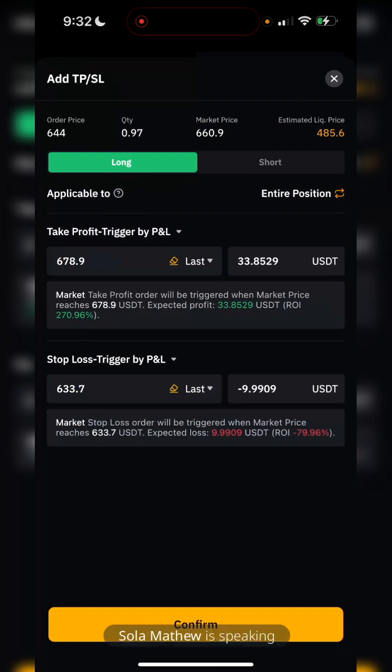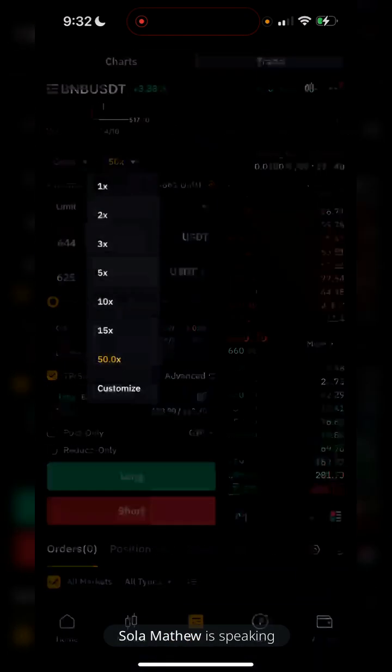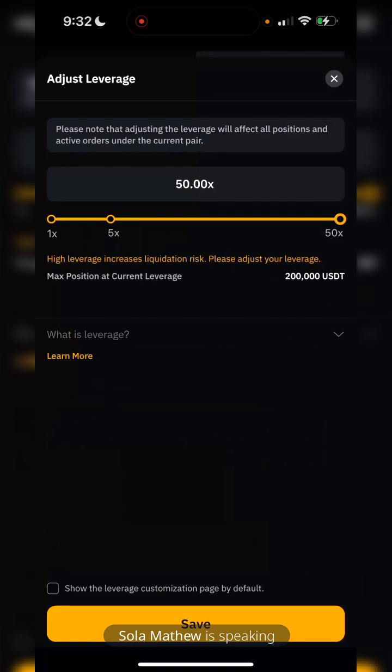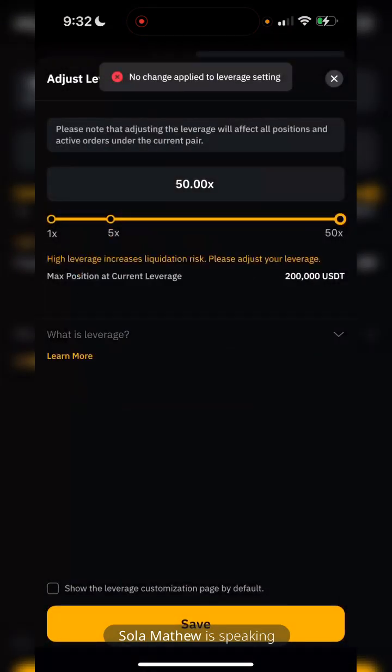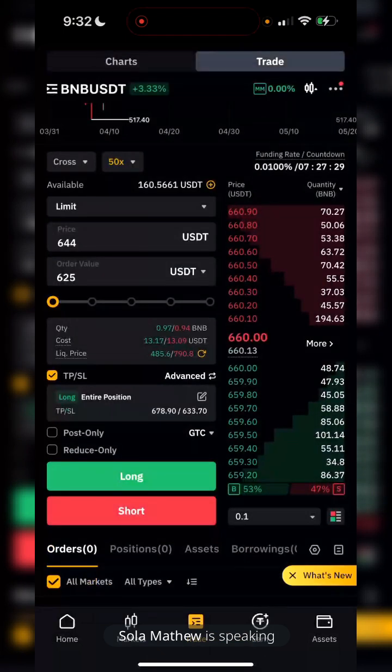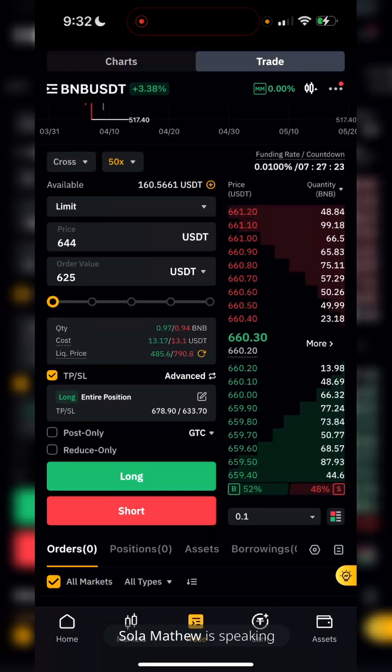So once you are satisfied with losing $10, that is why I say the leverage does not matter here. Although the maximum you can use here depends on how much you have, it is 50. So use the maximum leverage, because even if you use a lower leverage, the price is still close.